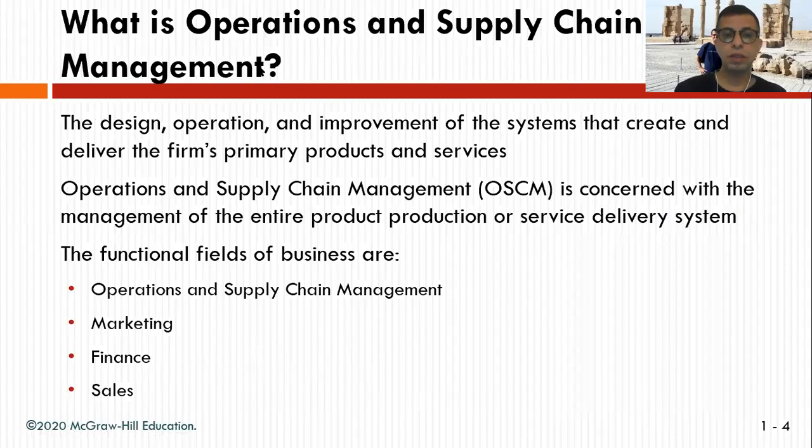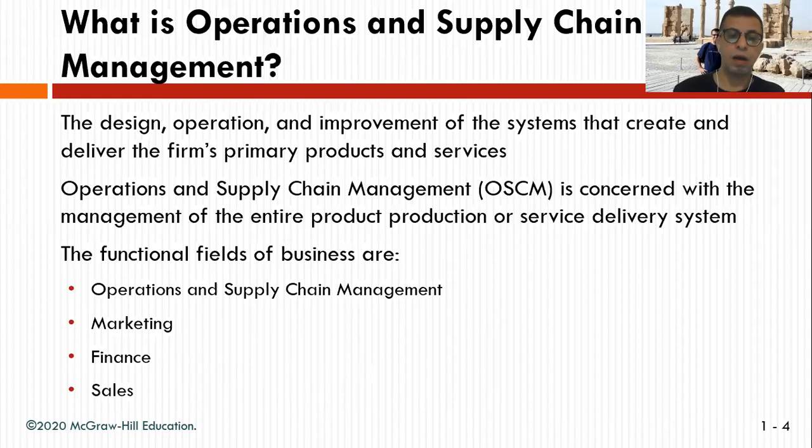So the question is, what is operation and supply chain management? The definition is the design, operation, and improvement of the system that creates and delivers the firm's primary products and services. So it could be a service or it could be a primary product. The design, operation, and improvement of that system is part of supply chain management.